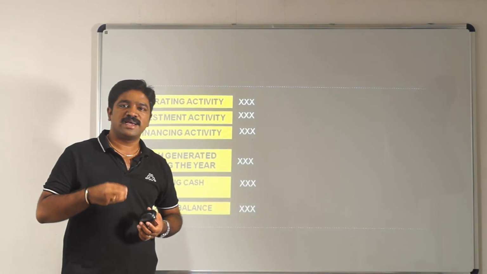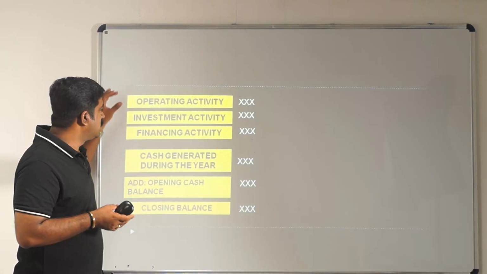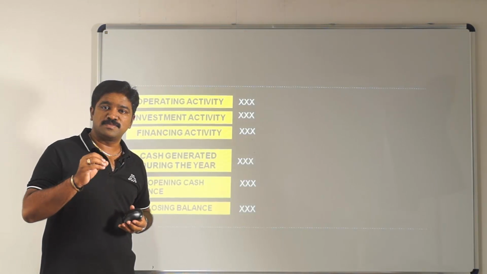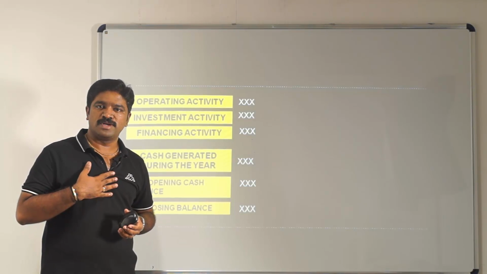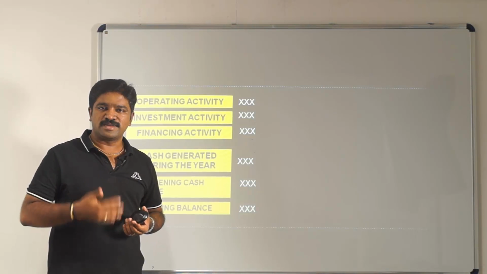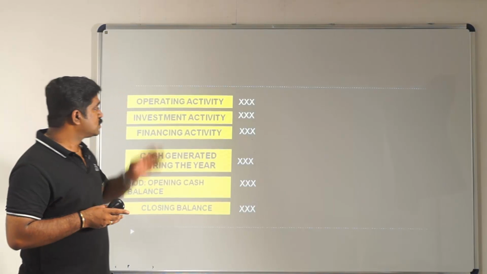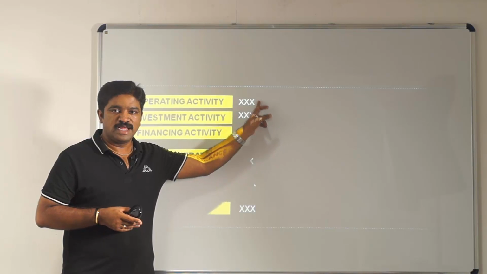So this is basically a kind of reconciliation statement, but very critical information is we get to know what is the cash generated from operating activity, whether it is positive or negative. If it is positive, we can be happy about it, but if it is negative, then it's a time to ponder what is the point in running the business when it is not generating positive cash. Okay, so we'll get to know whether it is actually generating positive or negative.